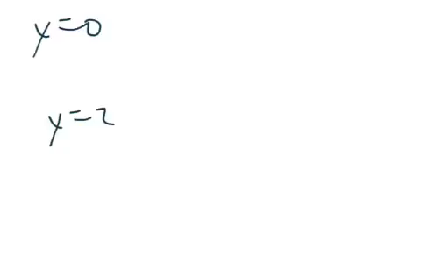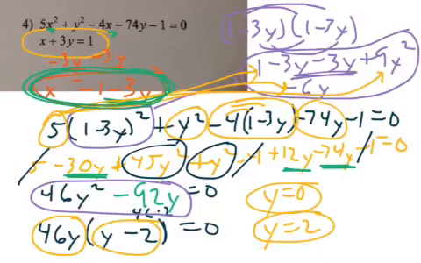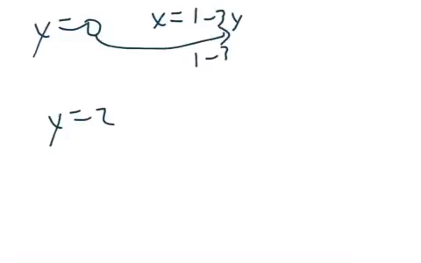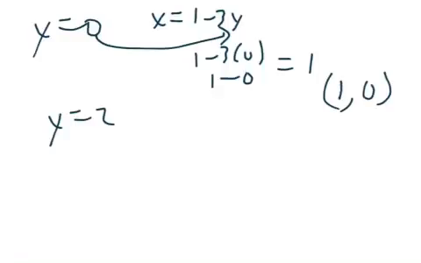We also agree that x is 1 minus 3y. So let's plug in that 0 there. 1 minus 3 times 0, which is 1 minus 0, which means 1. So notice I have 1 for x when y was 0.